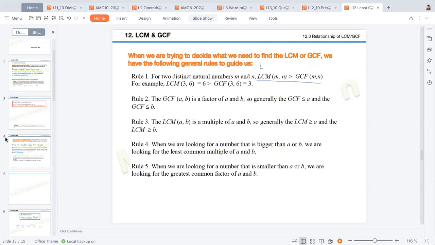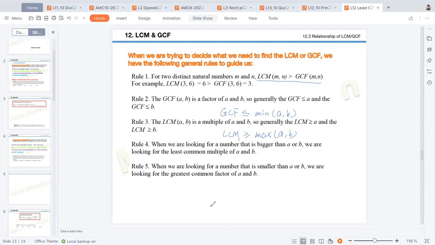And the GCF is a factor of A and B. So the GCF is less than or equal to A or B, so the GCF is less than or equal to the minimum of A and B. And the LCM is usually greater than the max of A and B. So in a word problem, if you look for a number bigger than A or B, we are looking for the least common multiple.